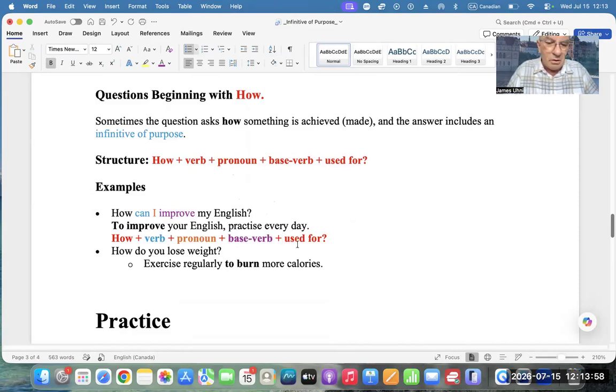English would be used for, or we can ask noun plus used for, and the noun would be, let's say, green.